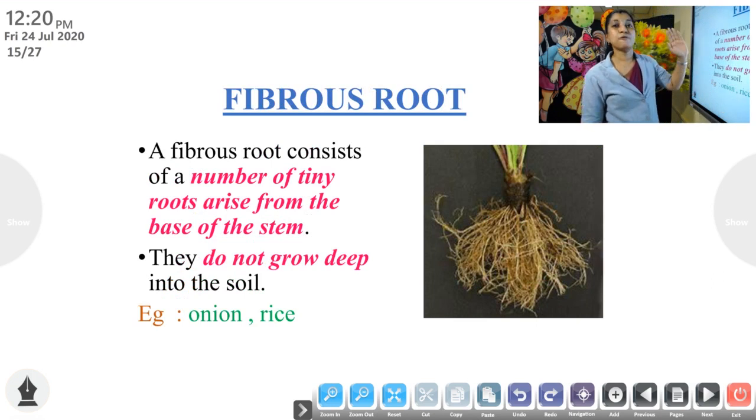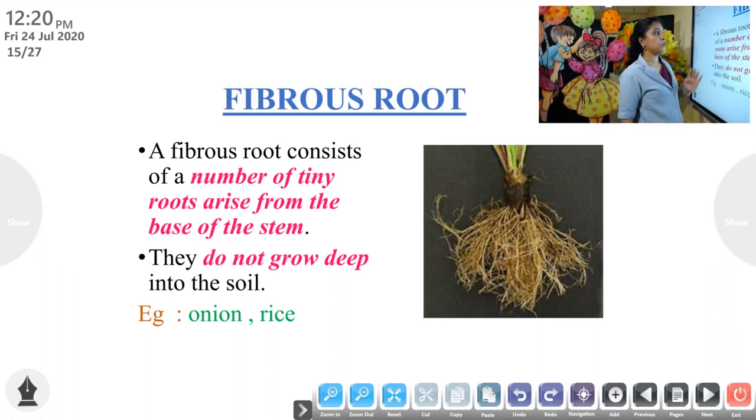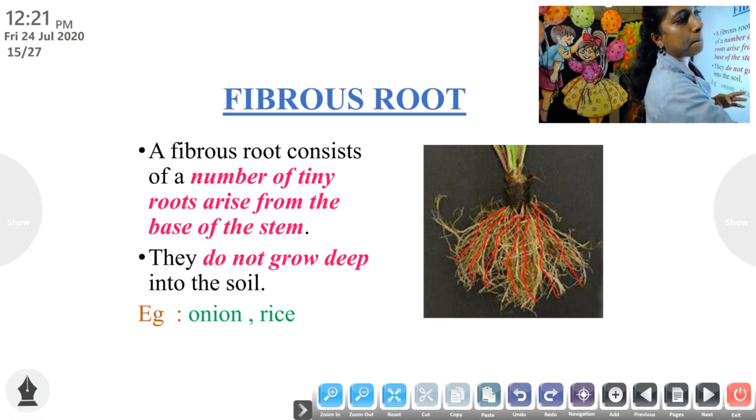Next is about the fibrous root system. See the picture, you can see the difference. What is that? A fibrous root consists of a number of smaller roots. Number of smaller roots arise from the base of the stem.